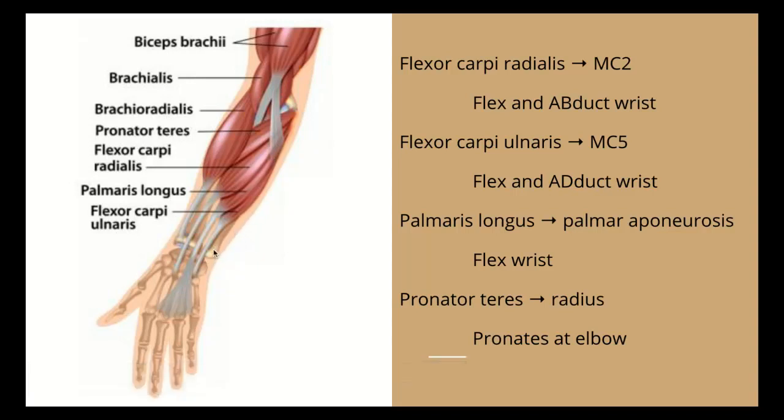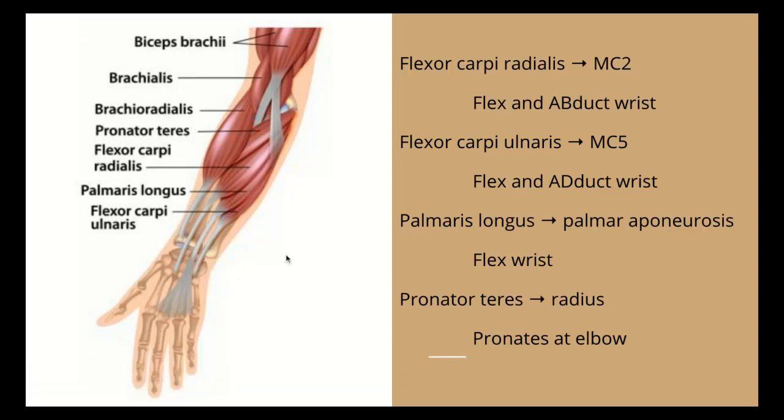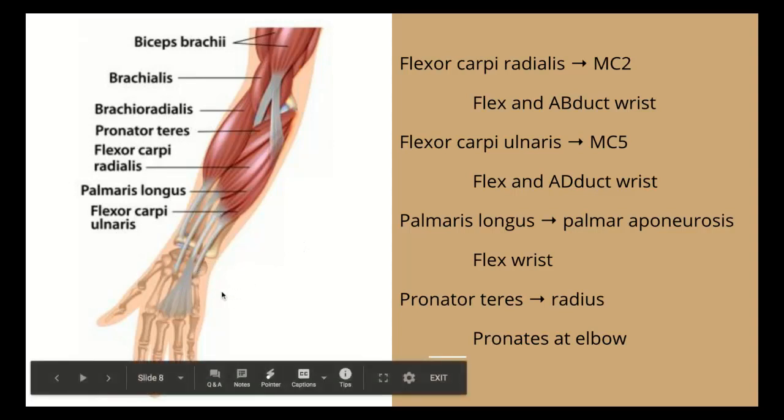So the ulna is actually going to be more medial at the distal end of the forearm, right? Because there's a little bit of the ulna there. And so flexor carpi ulnaris is going to work to flex the wrist and then also to adduct the wrist, meaning bring the wrist closer towards the body. So flex the wrist and adduct.